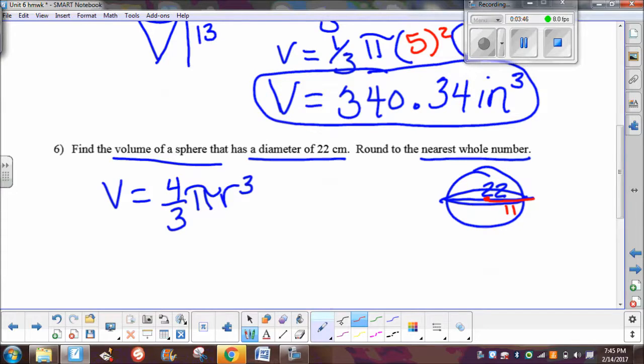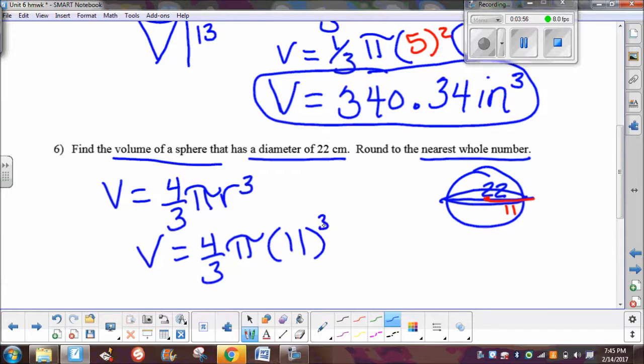We know that that radius is 11. Volume equals 4/3, and they ask us to round, so we've got to use the pi key, and 11 cubed. Go ahead, pause, and calculate. Okay, so your calculation should give you, to the nearest whole number, 5575 centimeters cubed.